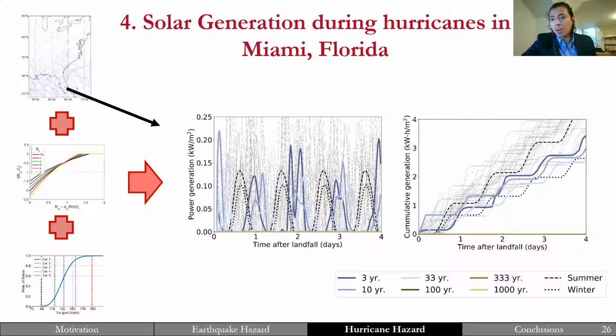You're seeing wavy curves because irradiance goes up during the day and goes down during the night, right? And this is for several hurricanes. Then on the plot on the right side of the slide, you are seeing the cumulative version of the plot at the middle. One is the instantaneous generation and the other one is the cumulative generation.